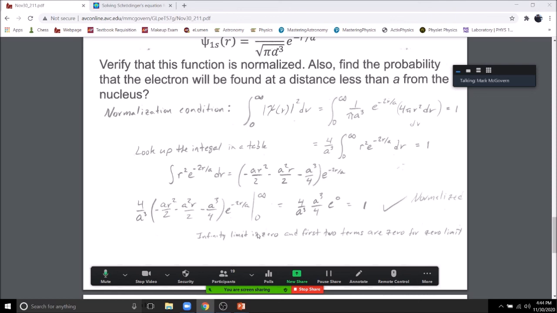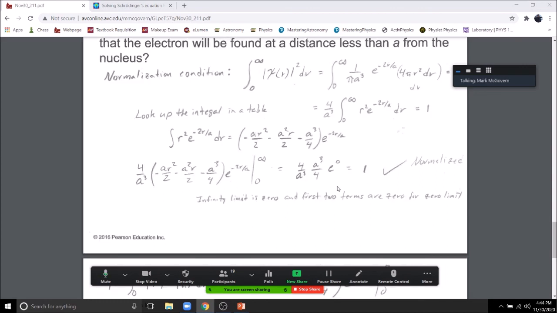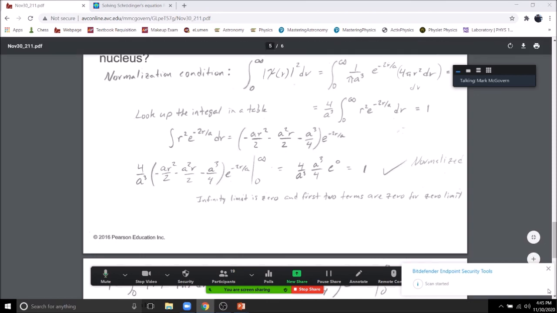The 0 limit is interesting, though. The first two terms here are 0 because of the 0 limit. And so you end up getting a 4 over a cubed and another a cubed over 4. Anyway, it all works out. Mathematics for the win here. It's clearly normalized, so everything's good there.